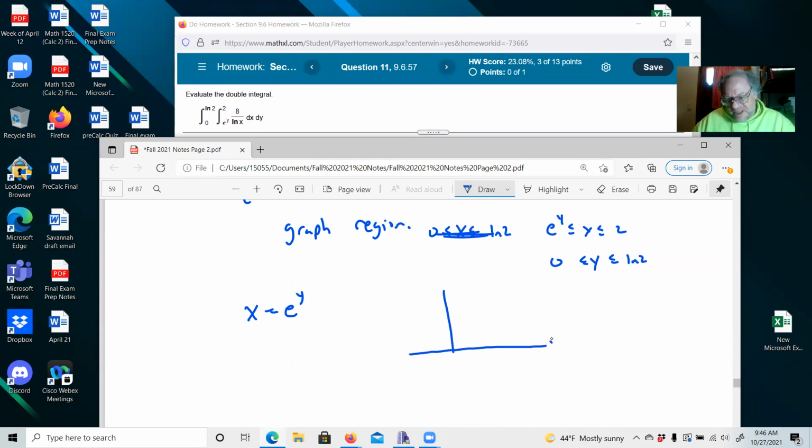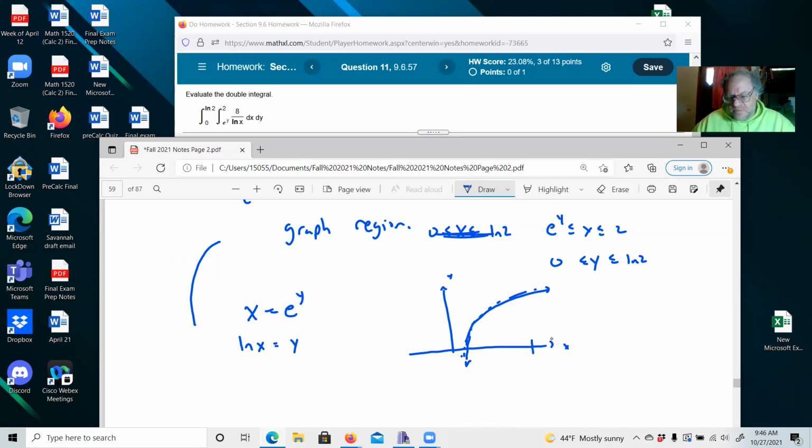You could think about it like here's x and here's y, and look at it tilted. It's going to be an exponential curve but sideways. You could also think about it as ln x equals y, taking the natural log of both sides, which might be a little easier to get your hands on.